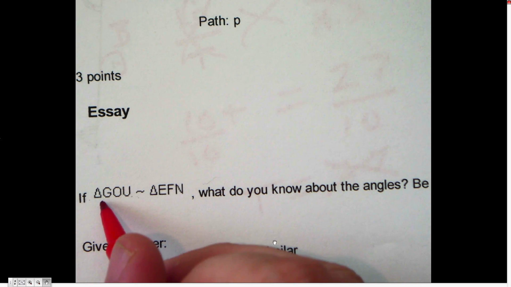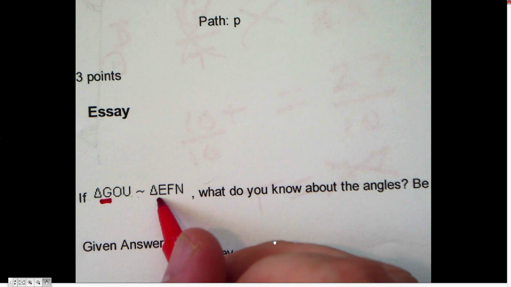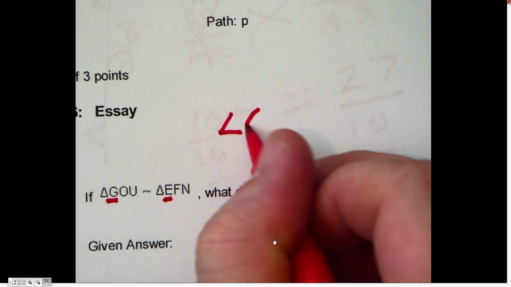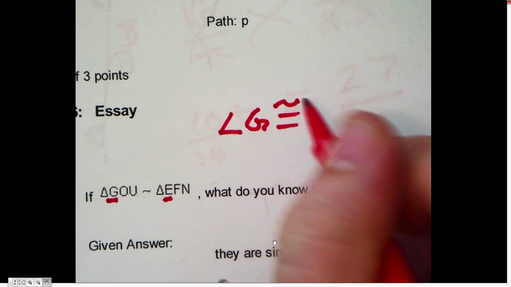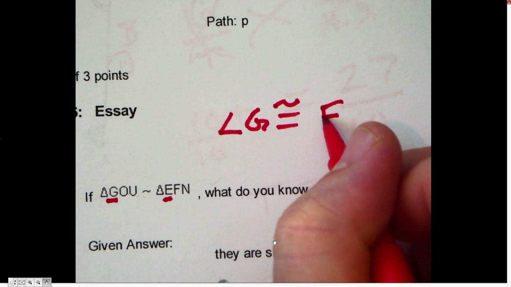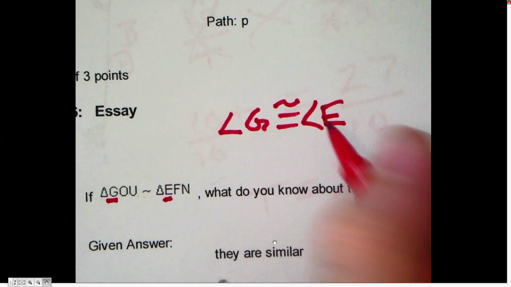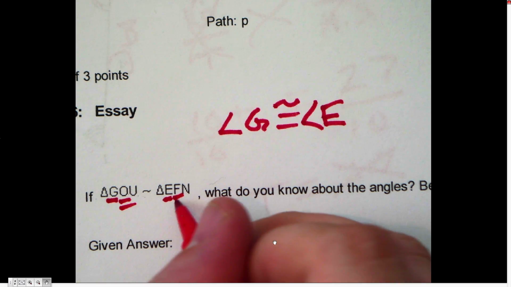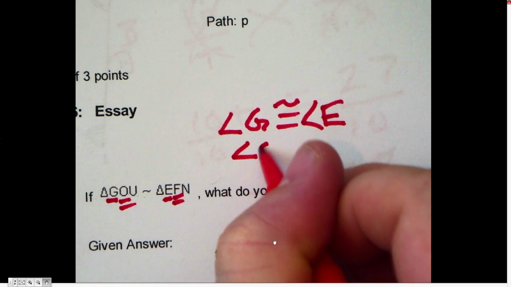But one thing you need to realize is they label them a certain way. G and E are the same angle. So that means angle G is congruent with the angle E. And that also means that O and F are the same.